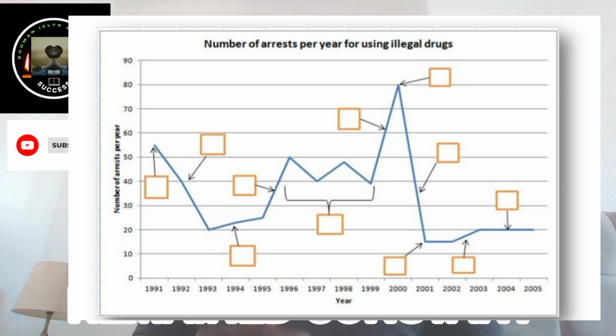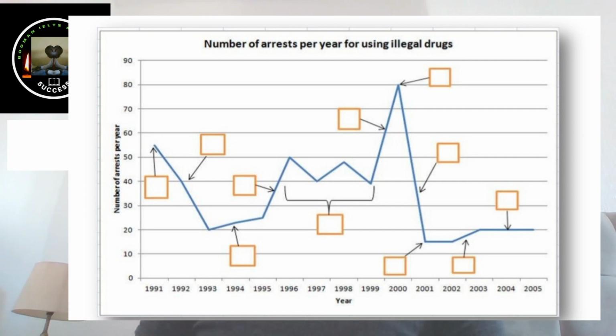The number remained constant. And if you look at this graph, where can you use remained constant? You can see that the last box from 2003 to 2005, it remained constant. It remained unchanged. It flattened off. You use remain unchanged there.